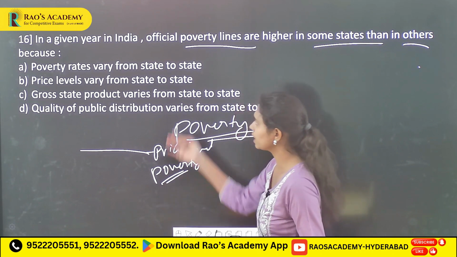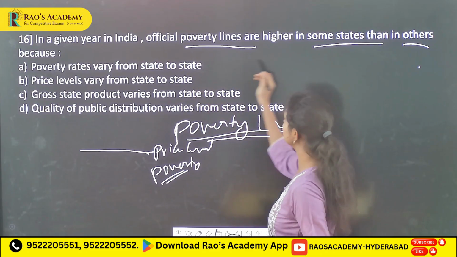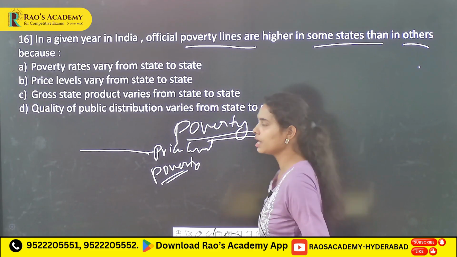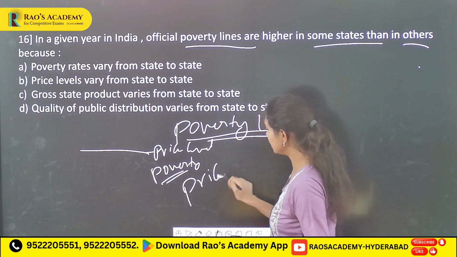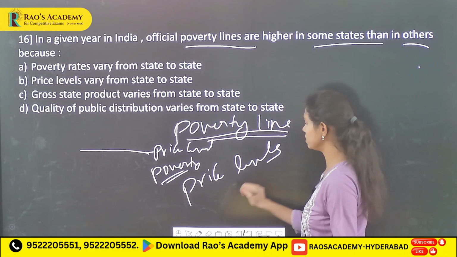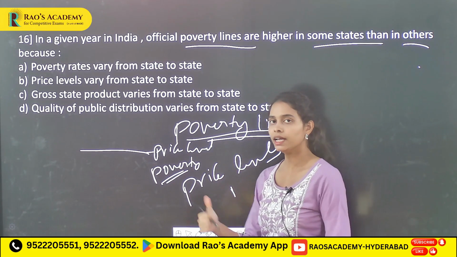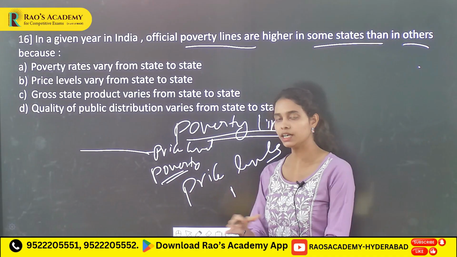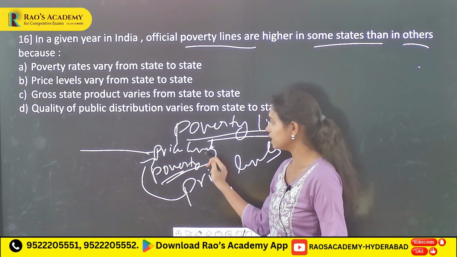So with regard to that, it has asked the question that official poverty lines are higher in some states and lower in some states. The reason behind this is the difference in price levels in different states. Because of the difference in price levels of different products in different states, there are different poverty lines in different states.